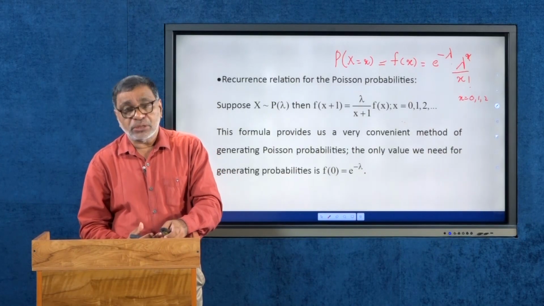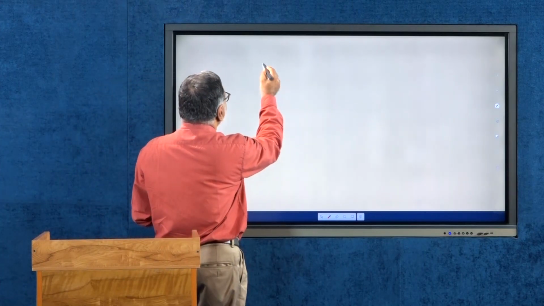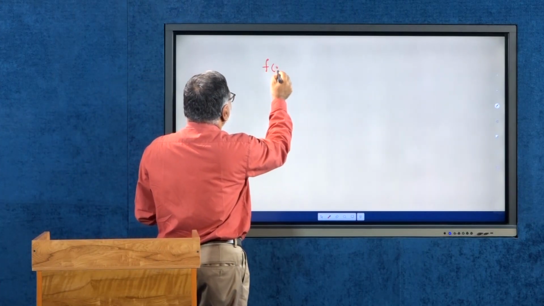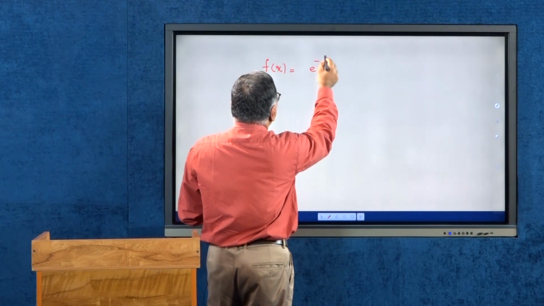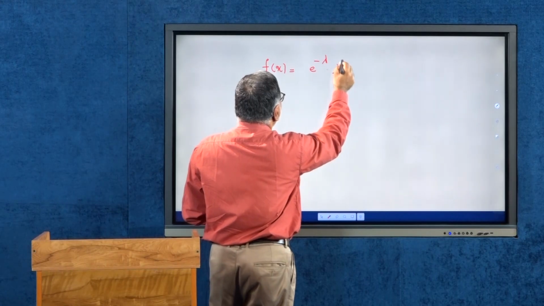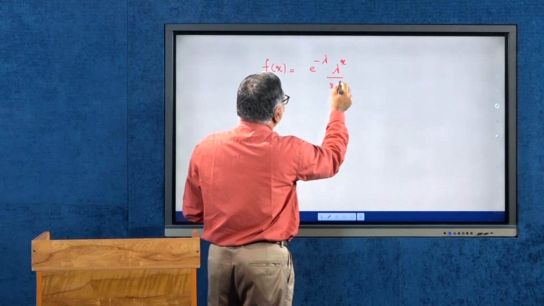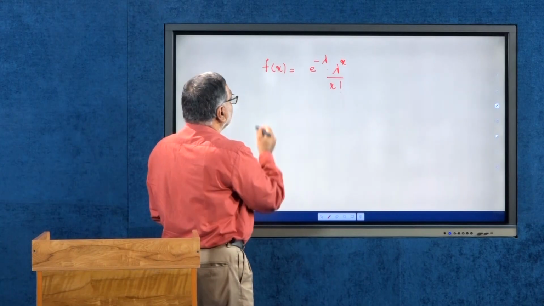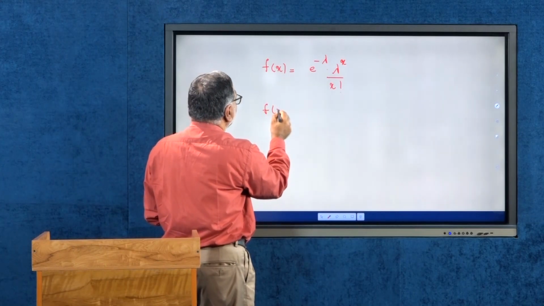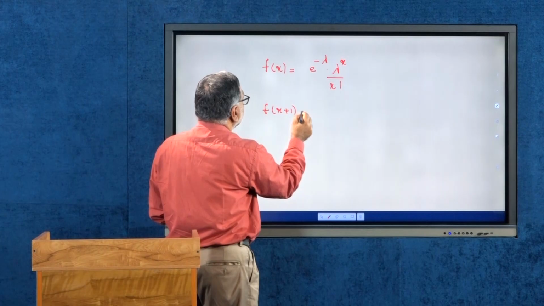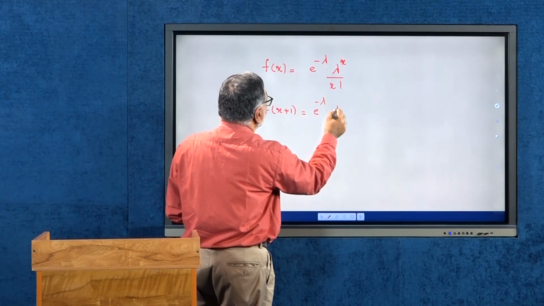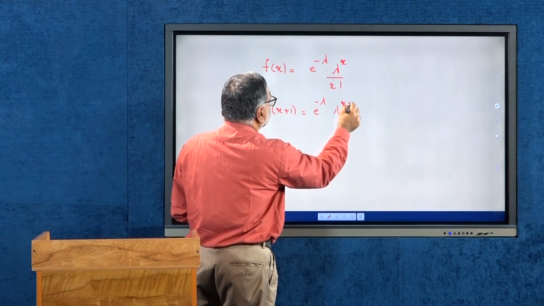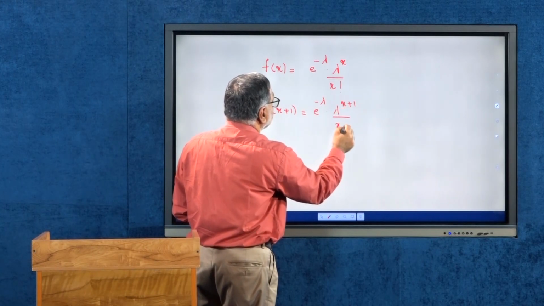How is this recurrence relation obtained? We can prove that, a very simple proof. You are given f of x is equal to e power minus lambda, lambda power x divided by x factorial, and just find the f of x plus 1 also, that is, replace x by x plus 1. So, e power minus lambda, lambda power x plus 1 divided by x plus 1 factorial.